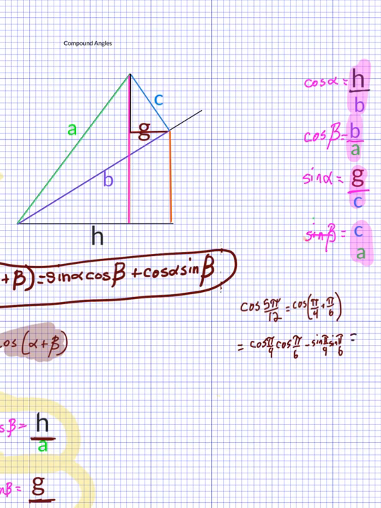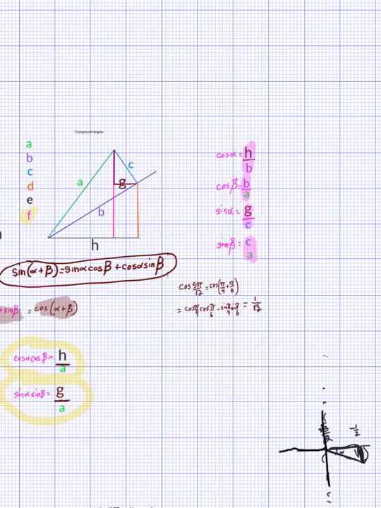We know the cos of pi by 4 is 1 over root 2. The cosine of pi by 6 is root 3 over 2. The sine of pi by 4 is 1 over root 2. And the sine of pi by 6 is 1/2.